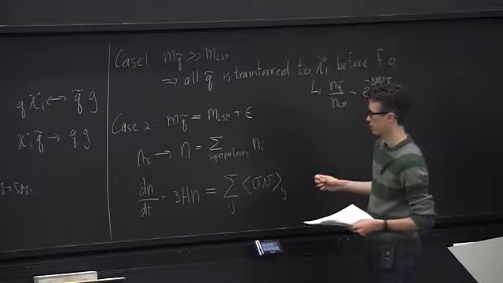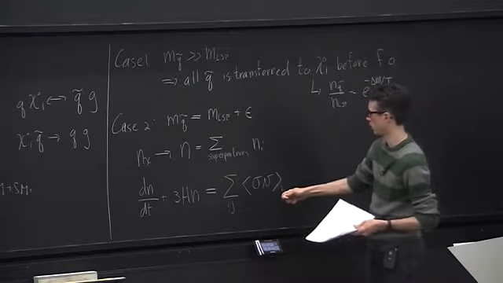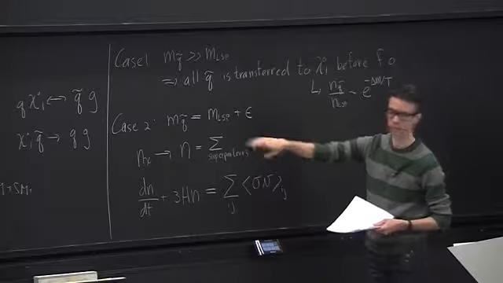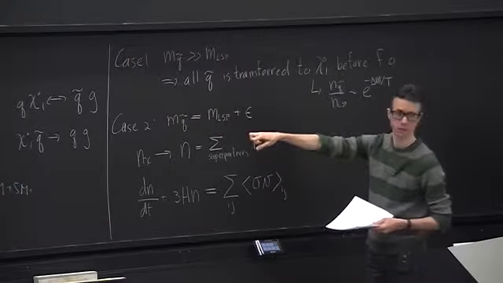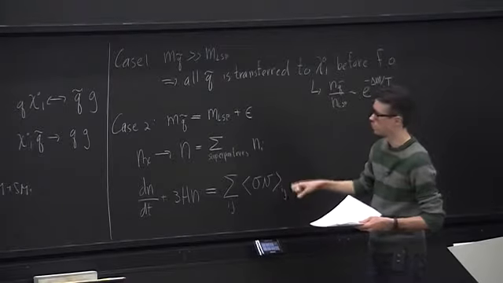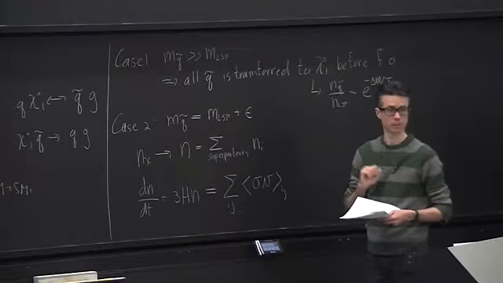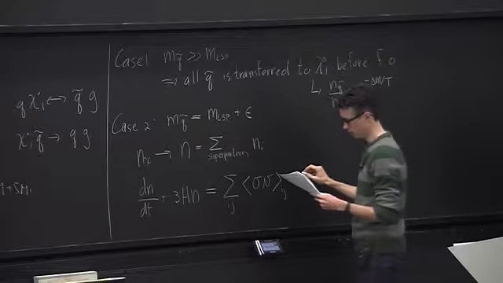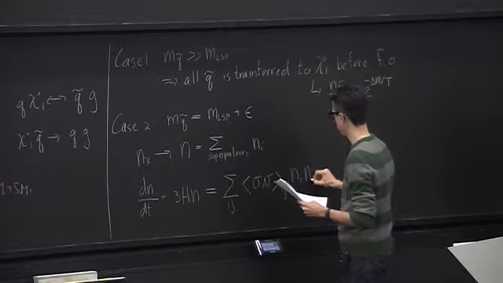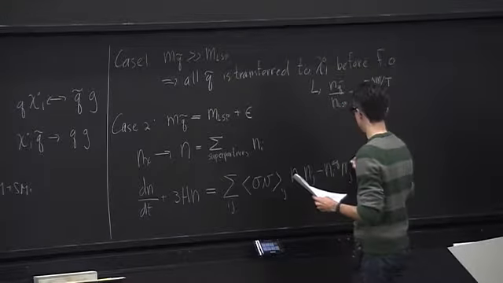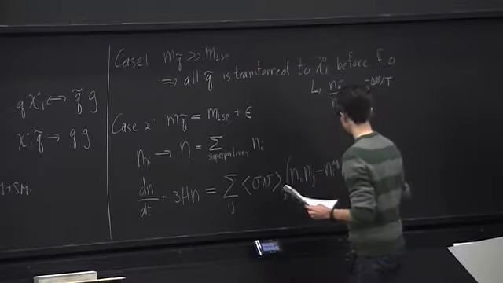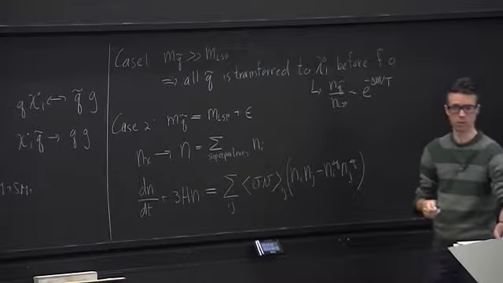So i equals j equals 1 corresponds to chi1, chi1. i equals 1, j equals 2 would be chi, q tilde. And i equals j equals 2 would be squark, squark, goes to standard model, standard model. And then the thing that goes in here is n_i n_j minus n_i^eq n_j^eq. And I just sum over all the possible mixed reactions as well.